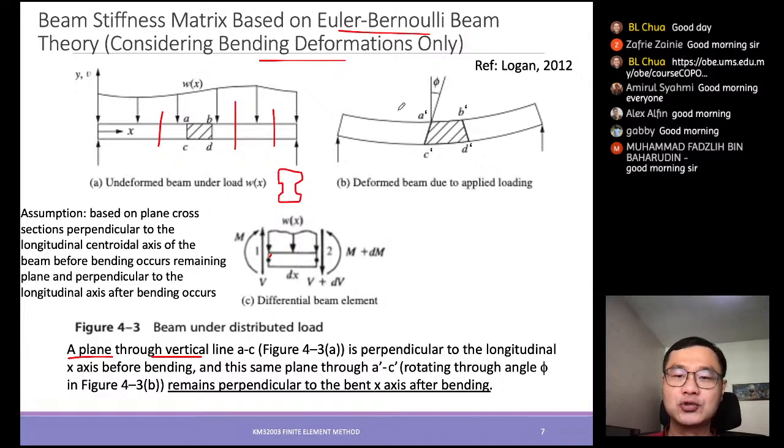So when you cut through it, perpendicular to the bent x-axis, at 90° to it, this cross-sectional area should remain unchanged. That is the first assumption in these derivations.